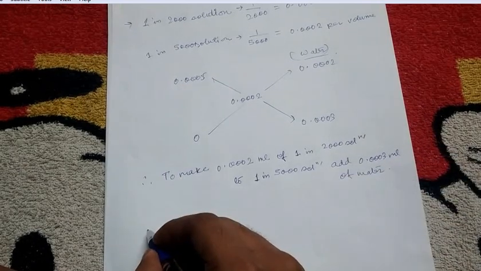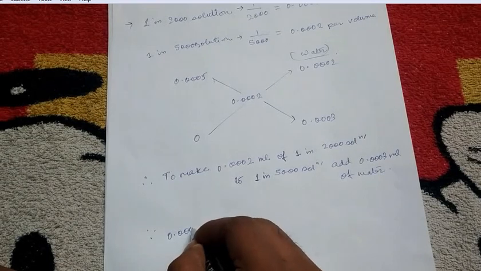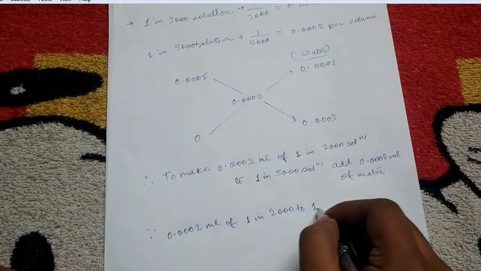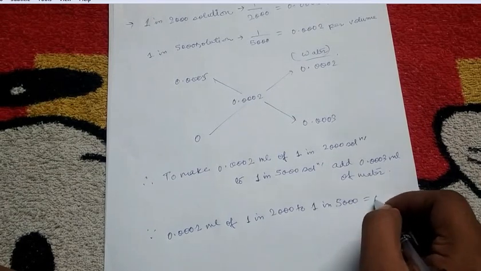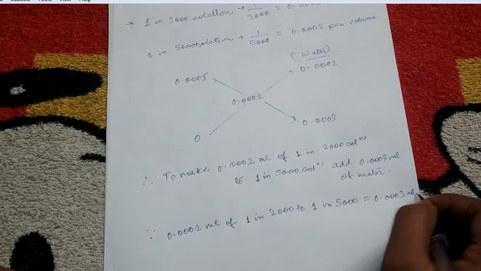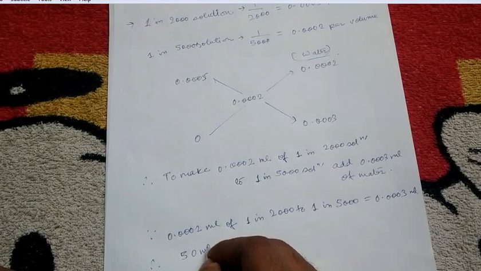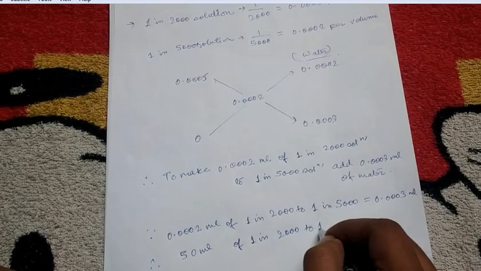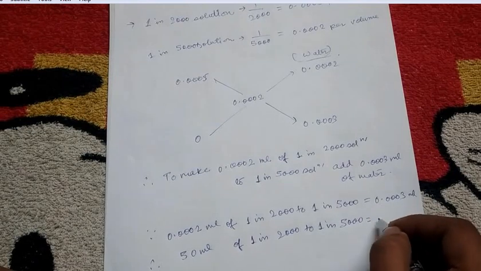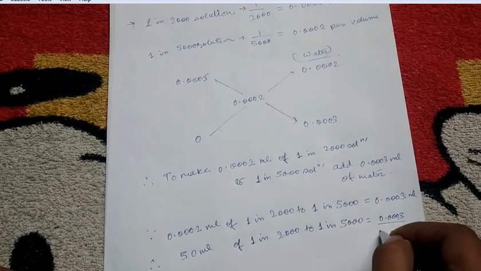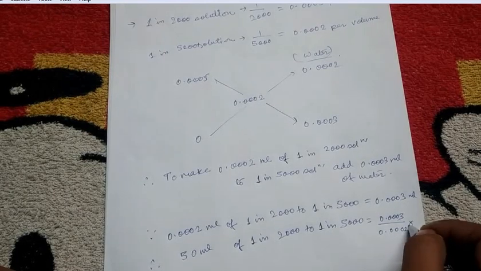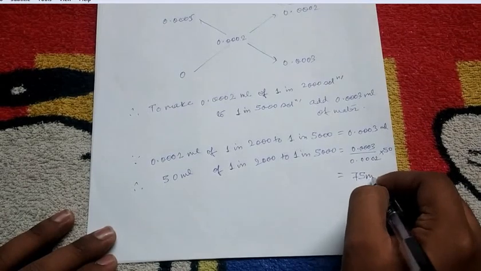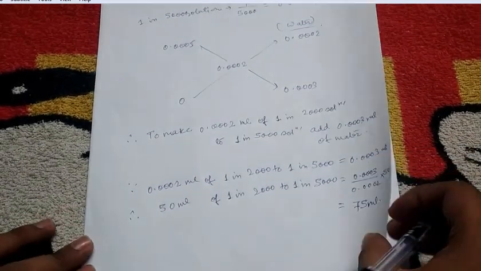Okay, so since 0.0002 ml of 1 in 2000 to 1 in 5000 requires 0.0003 ml of water, therefore 50 ml of 1 in 2000 to 1 in 5000 is calculated by 0.0003 by 0.0002 into 50, which is found to be 75 ml.